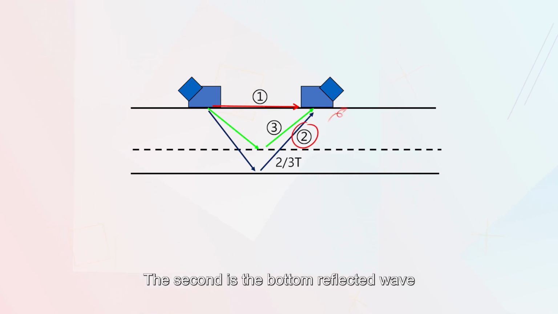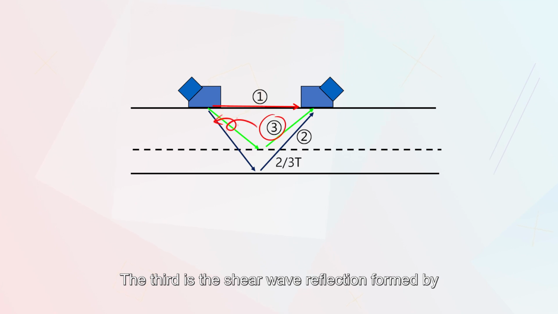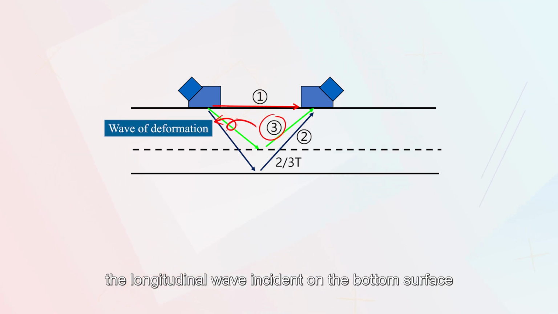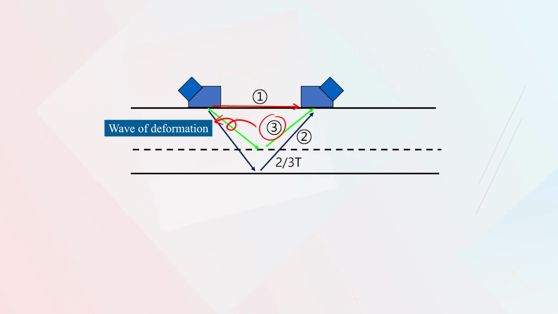The second is the bottom reflected wave, 2, reflected from the bottom to the receiving probe. The third is the shear wave reflection formed by the longitudinal wave incident on the bottom surface of the refraction surface composed of defects, 3.